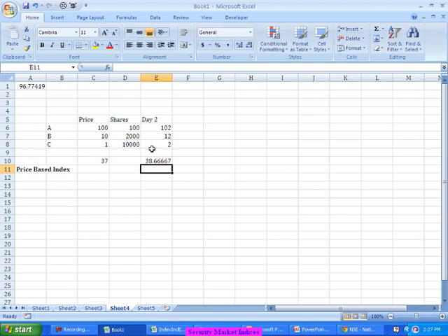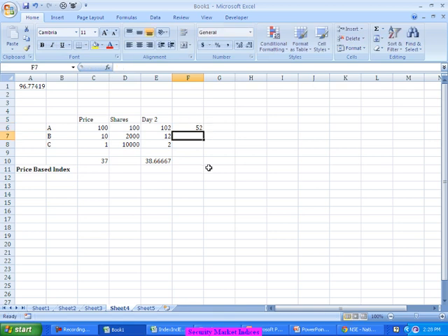But here the problem comes when there is a stock split. When there is a stock split, the price will actually come down. Now here, let's say there was a stock split. After the stock split, let's say it has gone to 52.